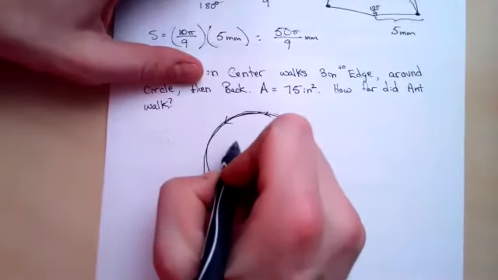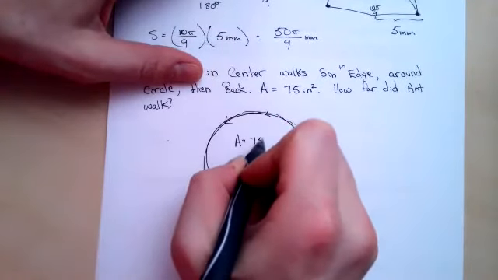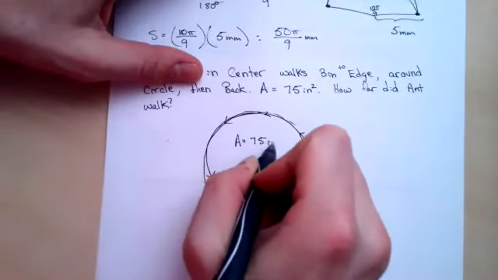And the only thing we know is that the area is 75 inches squared. So how far did he walk?